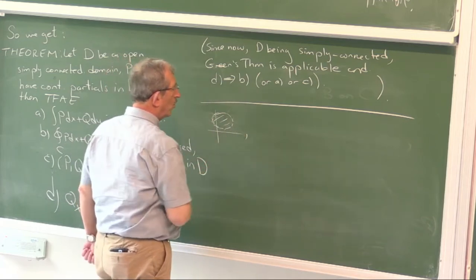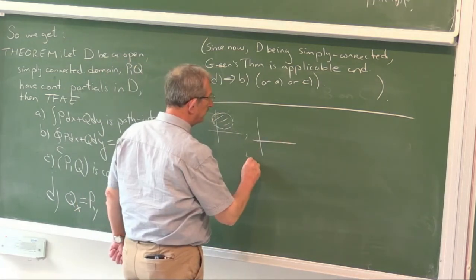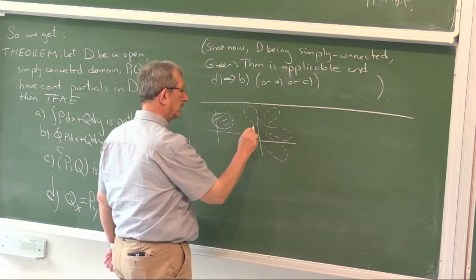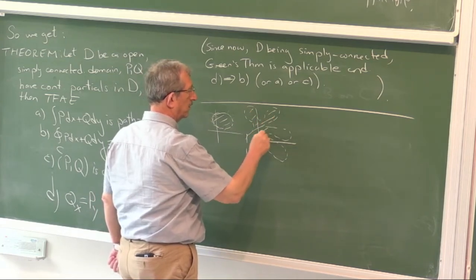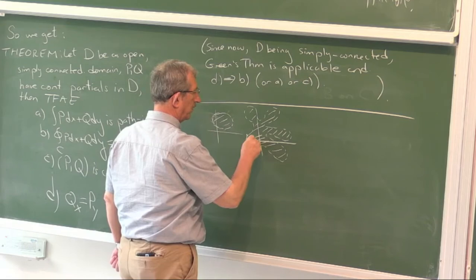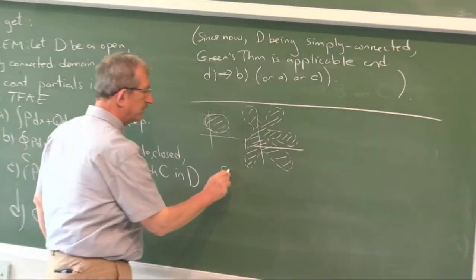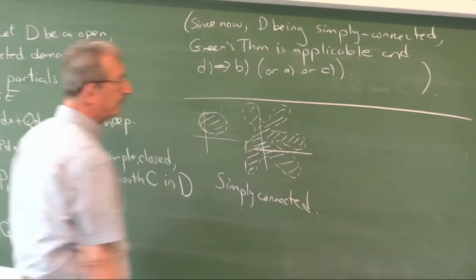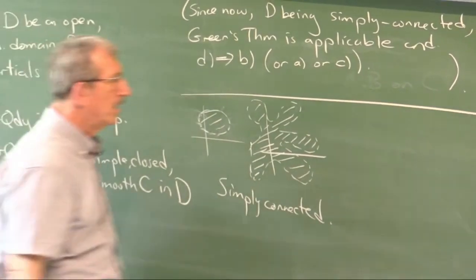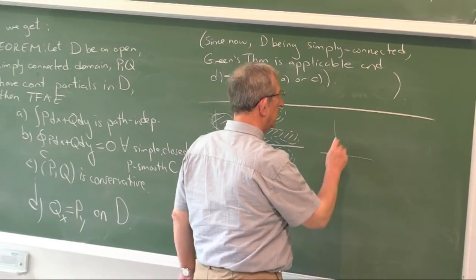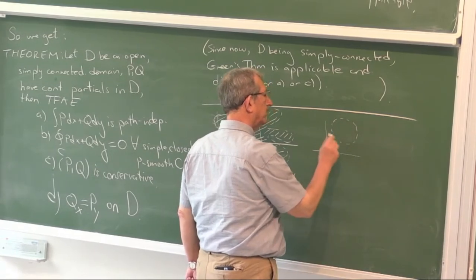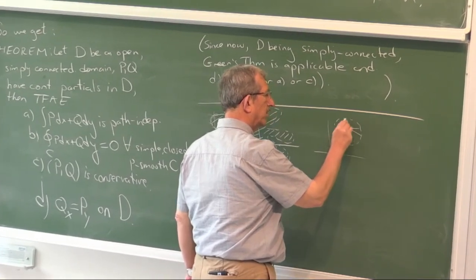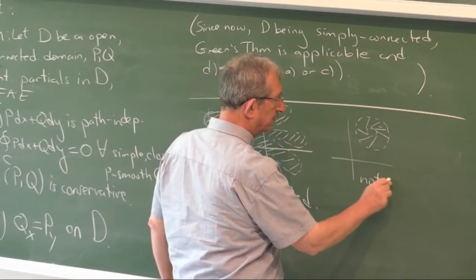Or even if the figure is a little bit distorted, these are simply connected. But, for example, even if you have a nice circle, but some part of it is taken away, this is not simply connected.